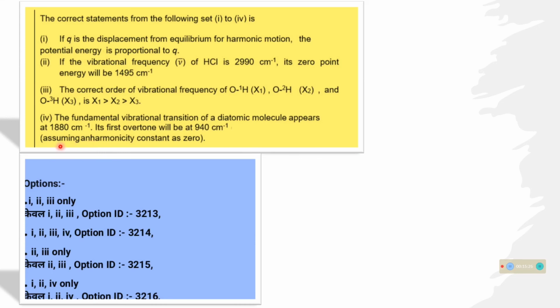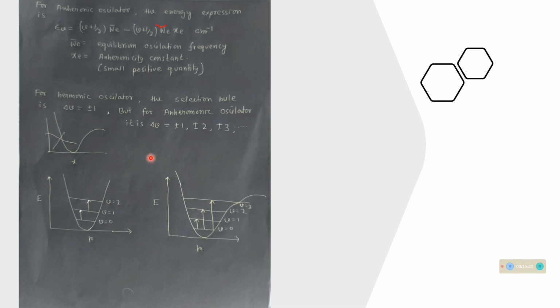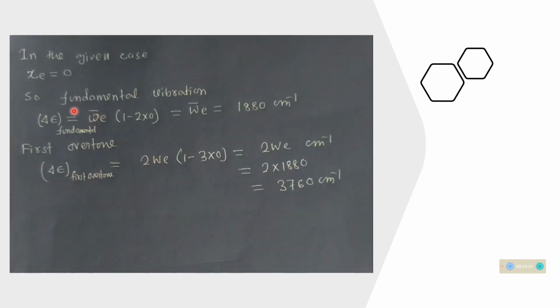It is also given that the anharmonicity constant is 0, so we can assume xe is 0. The fundamental vibration is omega bar 1 minus 2 xe, so we put xe equal to 0 and it becomes only omega bar e, and that is given as 1880 centimeter inverse.